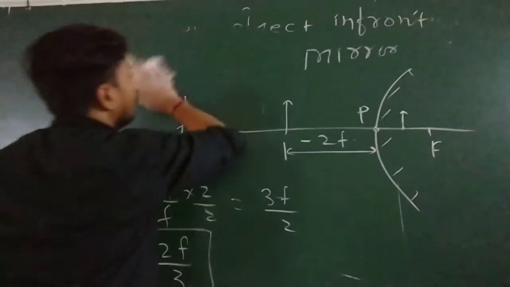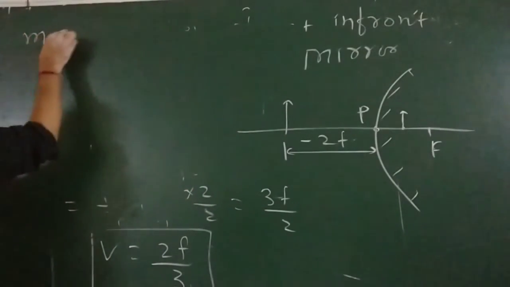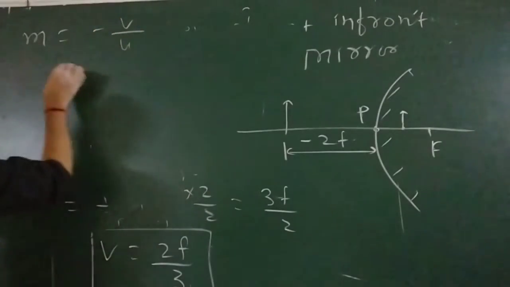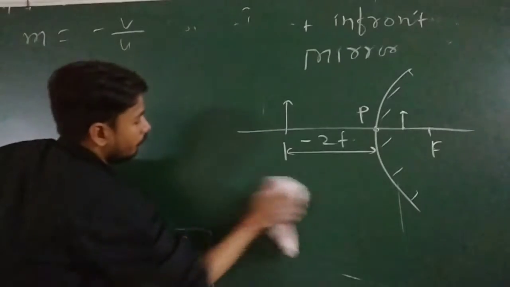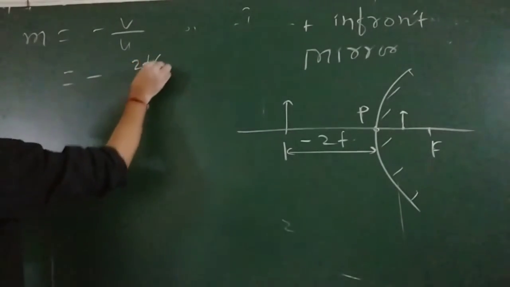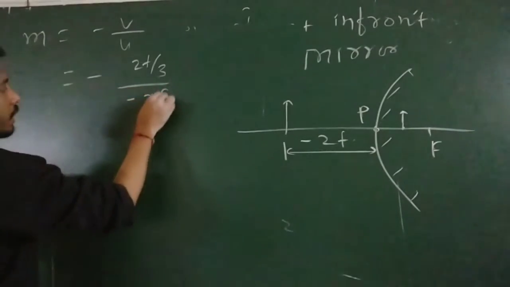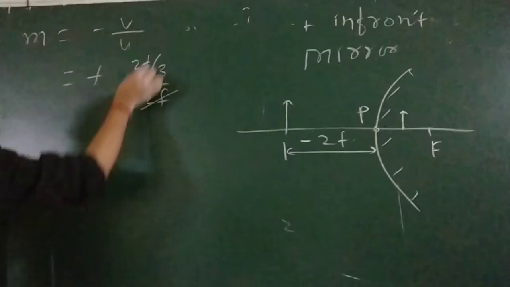Fine. Now see, m is equal to what? M is equal to minus v by u. So v is coming 2f by 3 with positive sign, and u is coming, I think, minus 2f. So minus gets cancelled.